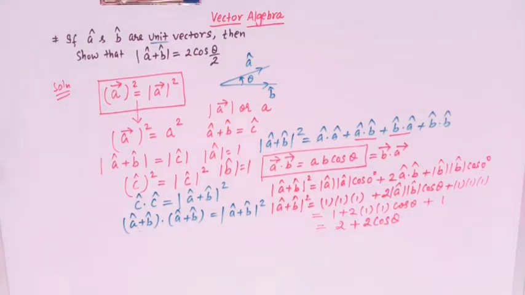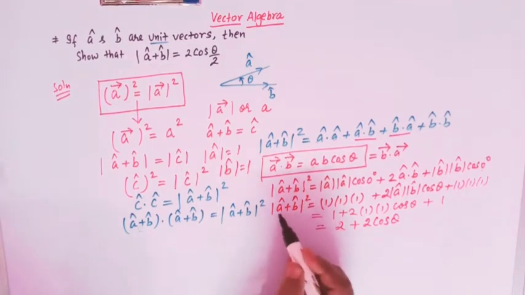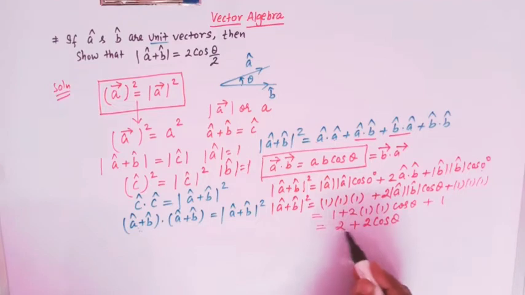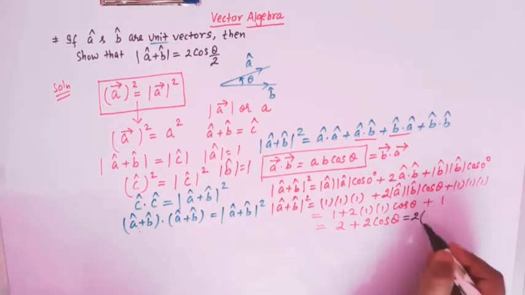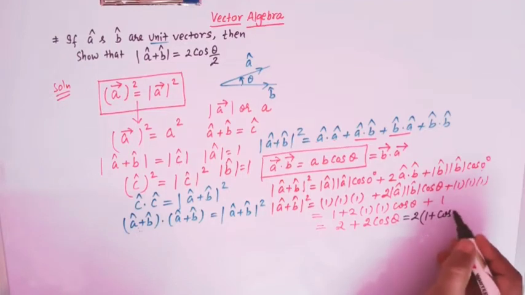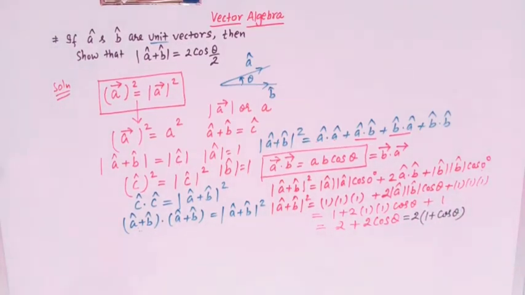So the square of the magnitude of a cap plus b cap is equal to 2 plus 2 cos theta, and taking 2 common, we have 2 times 1 plus cos theta.